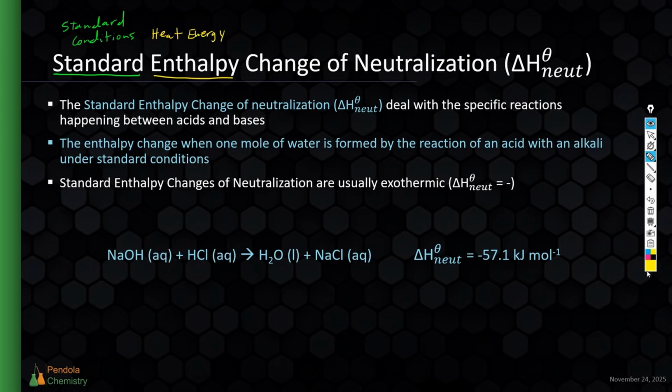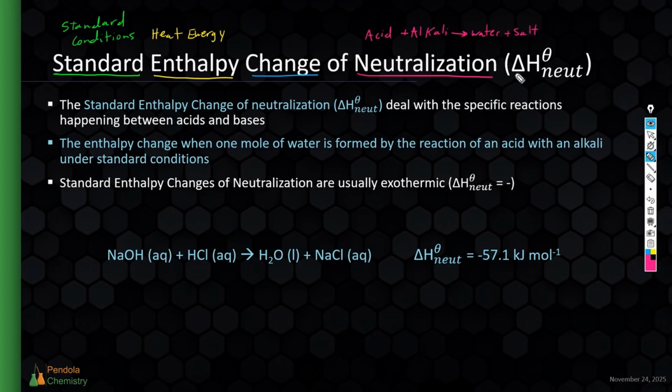Enthalpy change, meaning heat energy change. So heat energy change under standard conditions of neutralisation, meaning the reaction between an acid and an alkali to form water and a salt.